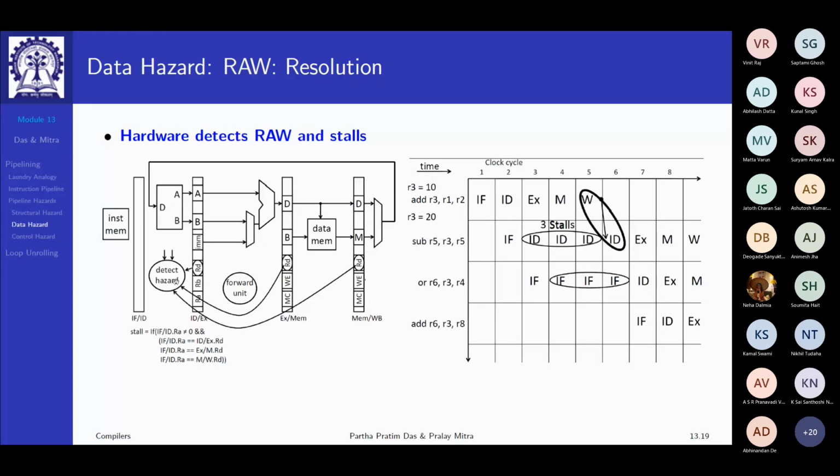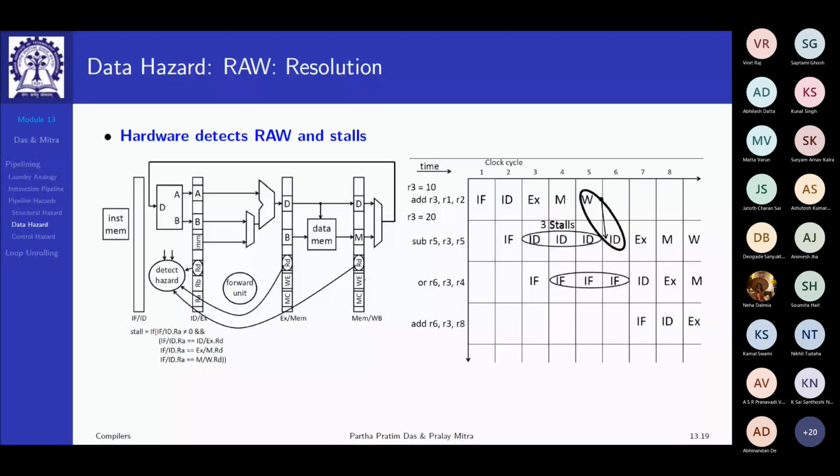In the instruction fetch, after the instruction fetch, there is a detect hazard kind of unit that you can put, which can check what are the different registers that are involved. This is a destination register. These are the source registers coming in. All these different inputs it can take, and you can easily write a kind of a predicate to decide if you are getting into a stall. And if you do, you just insert them. This is the hardware solution.